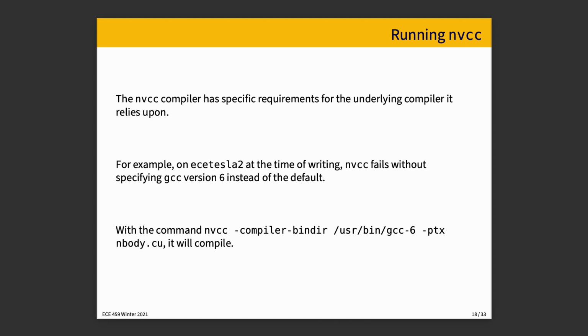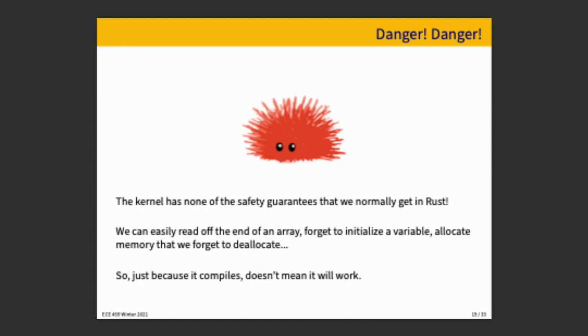Anyway, when we talk about a kernel, the thing I want to remind you about is that a kernel doesn't necessarily come with any of the guarantees that you get in Rust. There are none of the niceties that we may now be used to. You can easily read off the end of an array, forget to initialize a variable, or allocate memory that you forget to deallocate, that kind of thing. Just because the compiler gives you a pass doesn't mean that everything is going to work as you would expect.